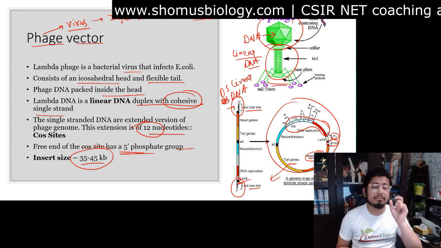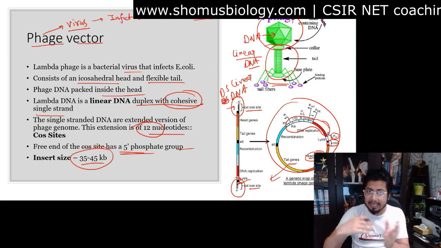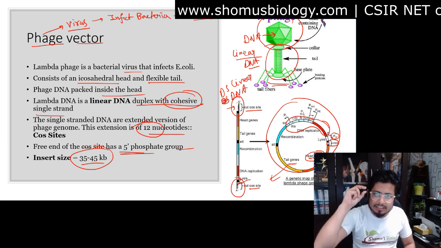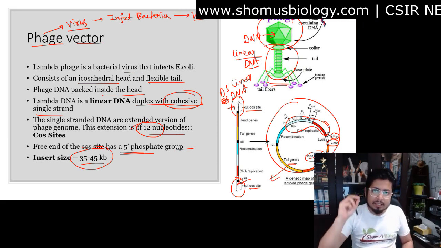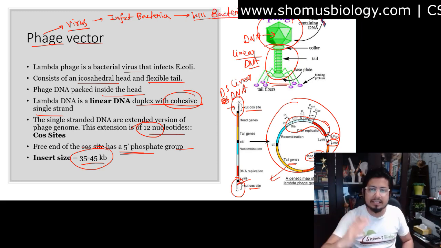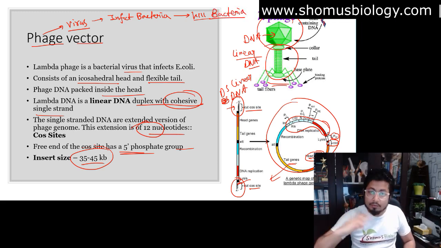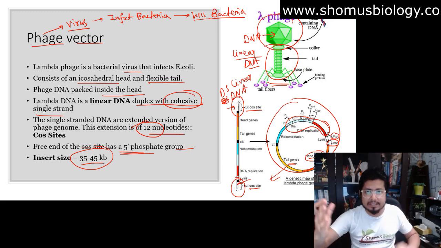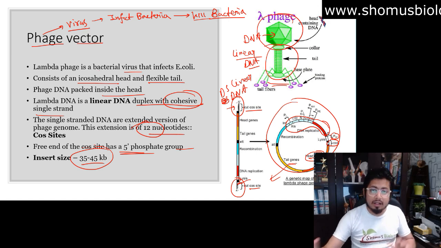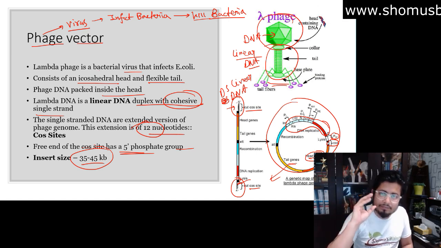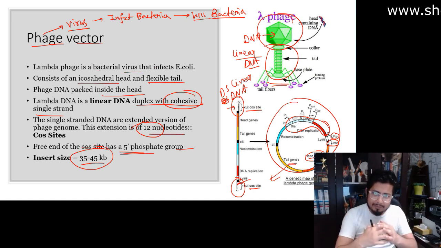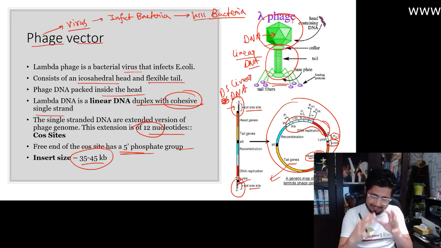So basically the lambda phage has two different kinds of life cycle, the lytic cycle and the lysogenic cycle. The lytic cycle is where the lambda phage infects a bacteria, and then it cracks the bacterial cell open at the end. Lysis of the bacterial cell is done. On the other hand, in the lysogenic cycle, once the bacteria is infected, the phage genome is recombined with the bacterial genome and stays there for a while.